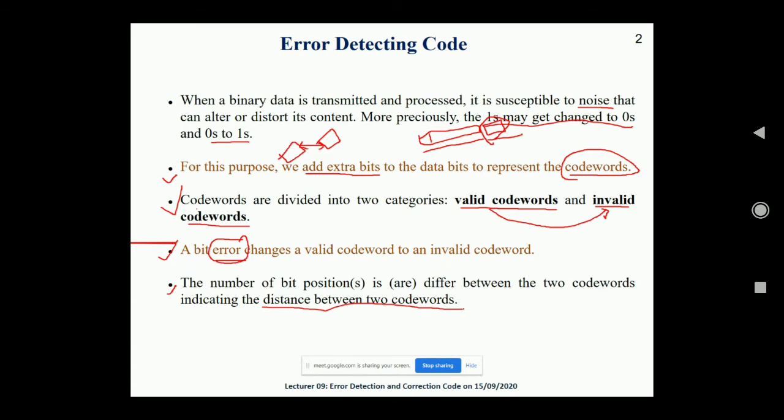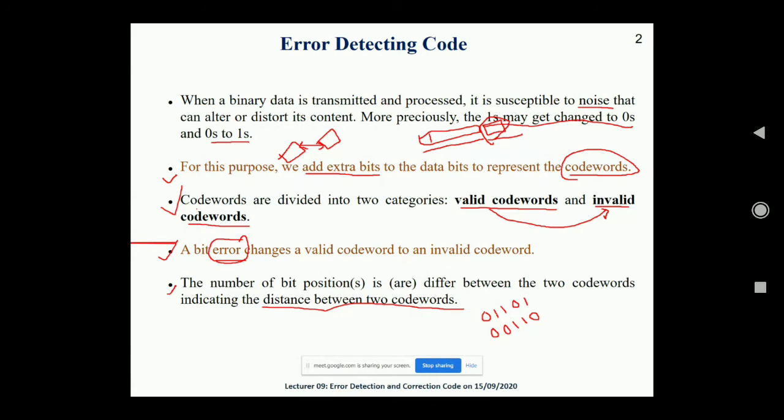What is the meaning? Suppose I am considering two code words. Suppose the first one is 0, 1, 1, 0, 1. This is the first code word. And the second code word is suppose 0, 0, 1, 1, 0. See here, the first bit position is similar.